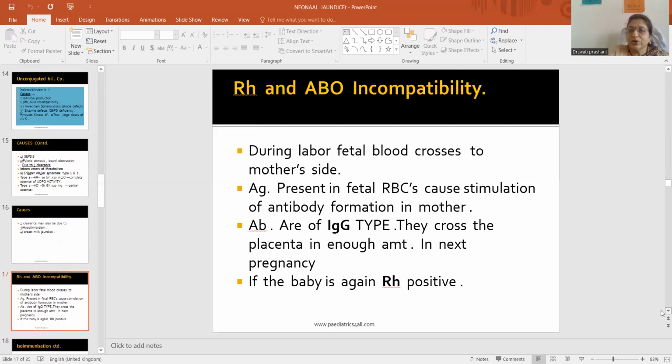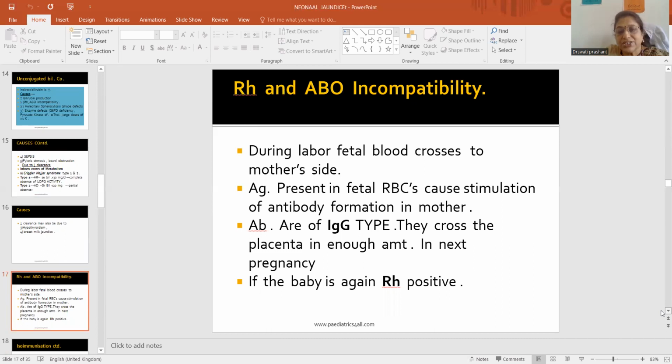In RH and ABO incompatibility, why is there jaundice? During labor, some part of the fetal blood crosses to the mother's side. Antigen present on the fetal RBCs stimulates antibody formation in the mother. Mother doesn't have any antibodies, she is negative.